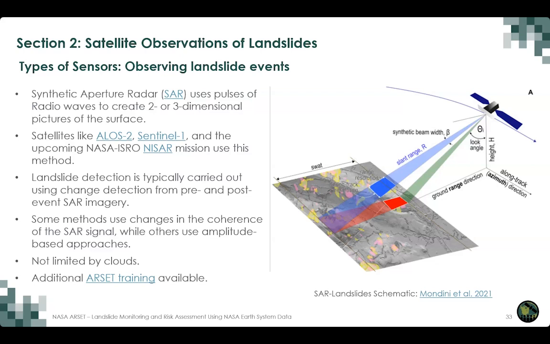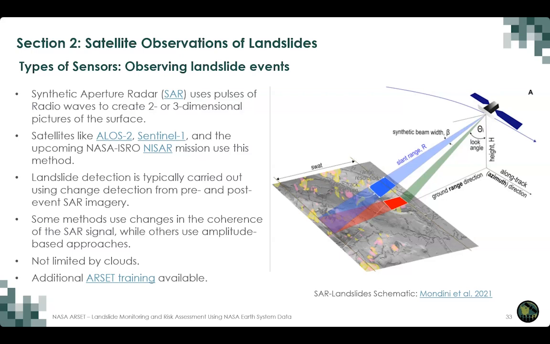And so what we would typically do is use this kind of data set to take an image of the surface before a landslide triggering event and then compare it with one that occurred after that triggering event and compare the surface change. And then we can look at the difference between those two surfaces as a way for us to understand the landslides. And we'll talk a lot more about that in part 2 of this training.